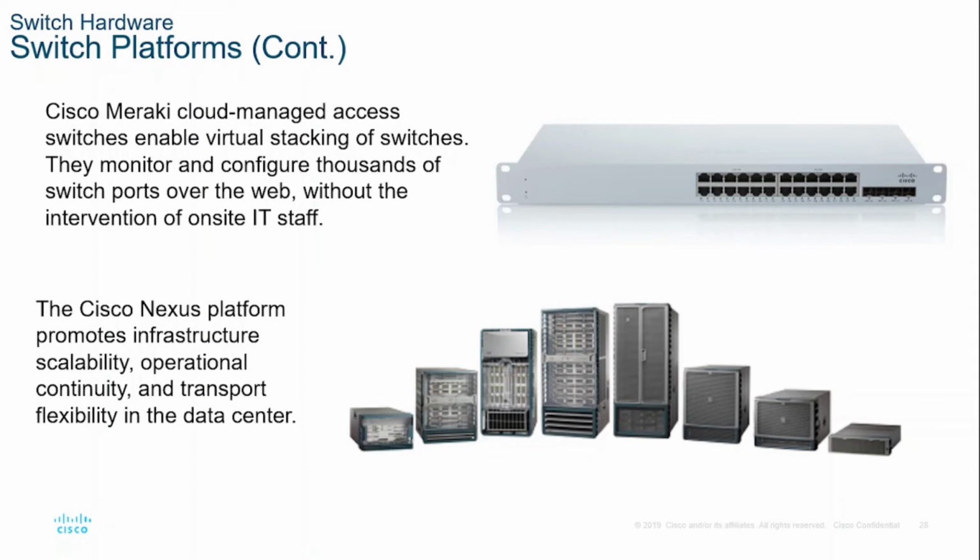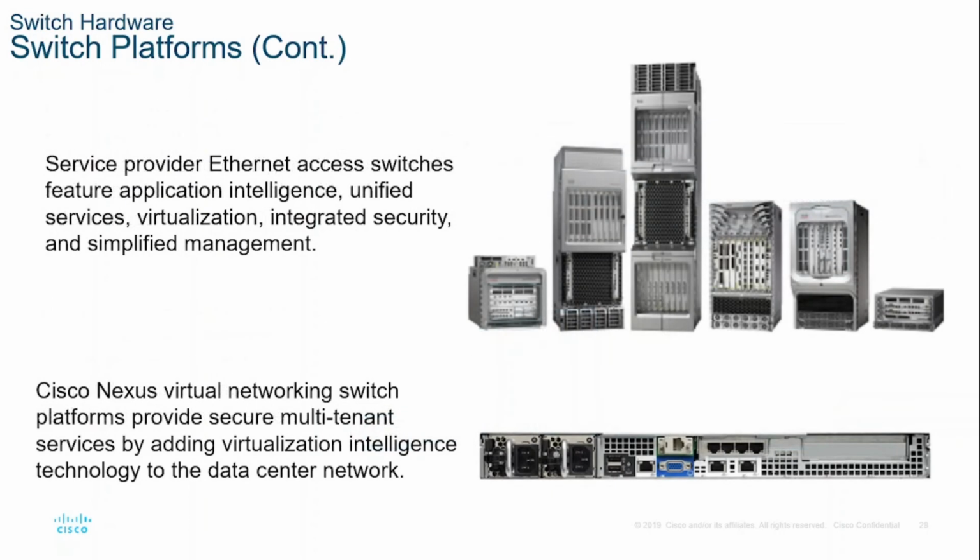There is a Cisco Meraki Cloud Managed Access Switch. There are also Cisco Nexus platforms that promote infrastructure scalability. So these example switches are used for enterprise networks. For service provider Ethernet access switches, these are examples of the switches used in the ISP.